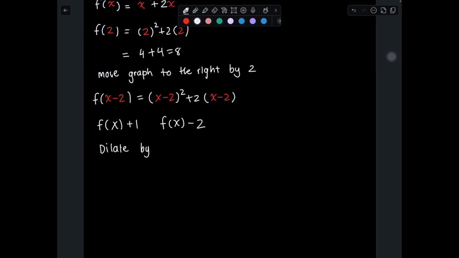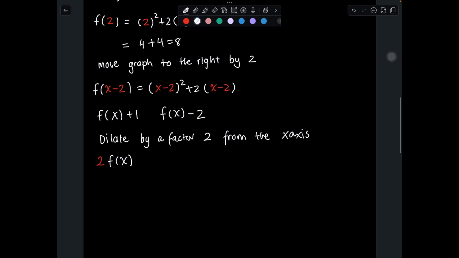Dilate by a factor 2 from the x-axis. That's a vertical stretch of our graph, and you apply that by just multiplying f of x by 2.